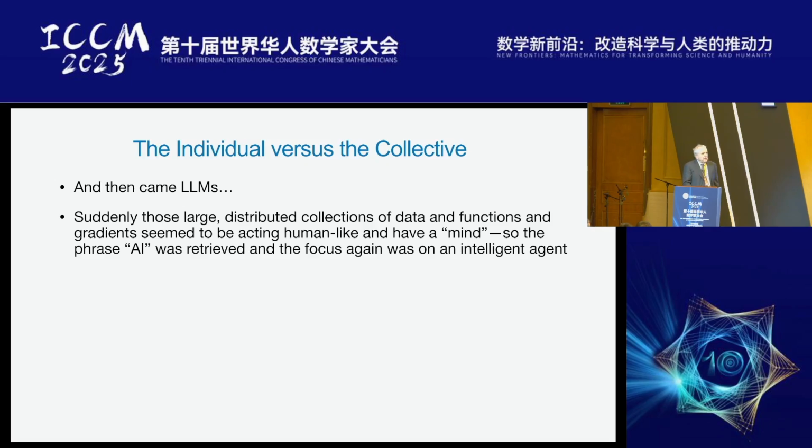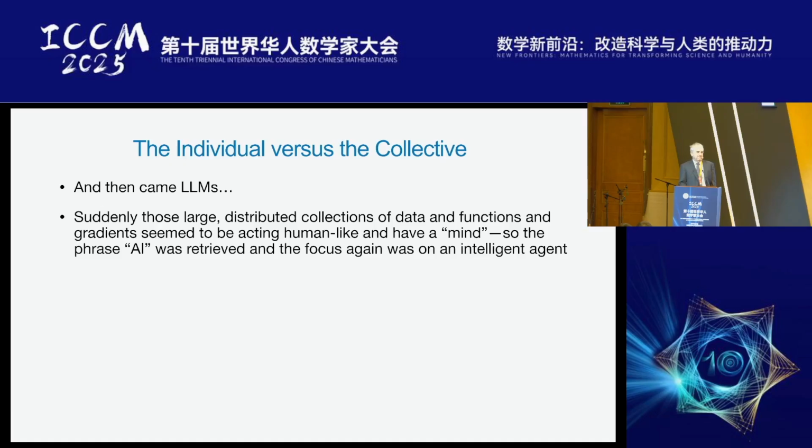Okay, so the phrase AI was not being used until about 5 years ago. We were all saying machine learning. That was the main phrase, or statistics. But then we all know about LLMs, and all of you have tried an LLM, and you probably are very impressed by how good they are. They take in trillions of data points and have hundreds of billions of parameters.